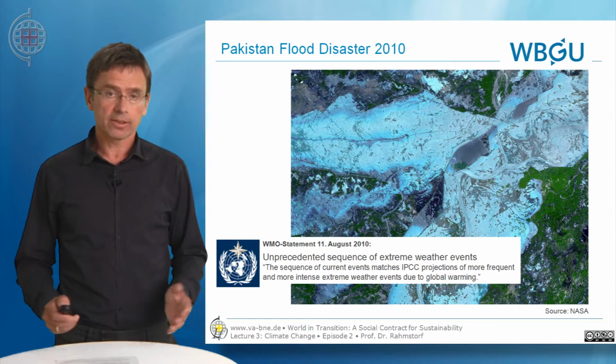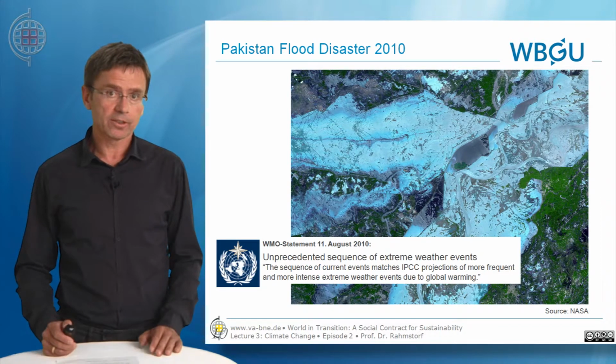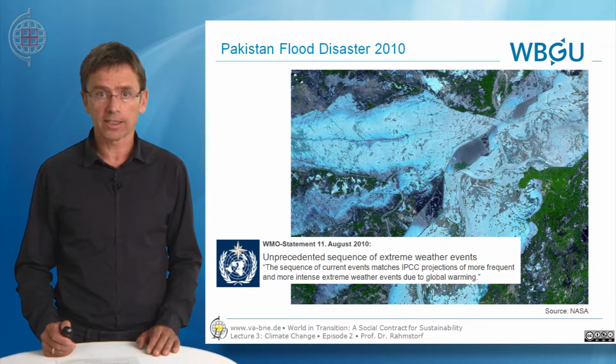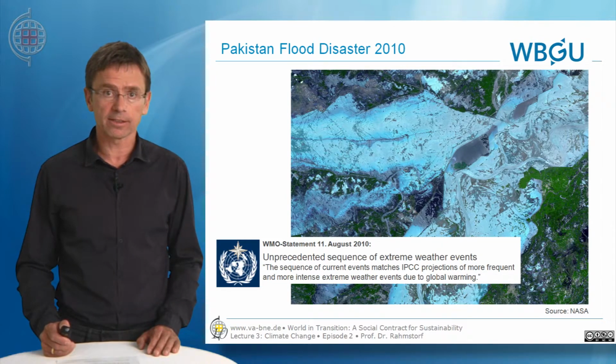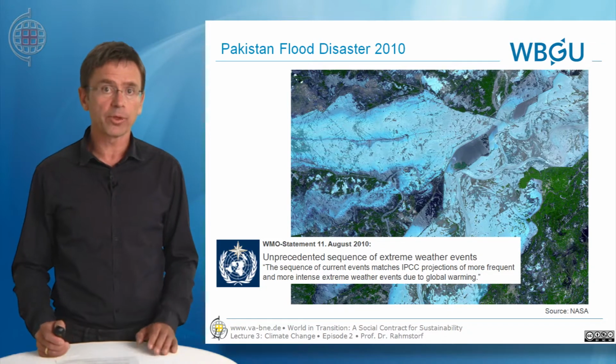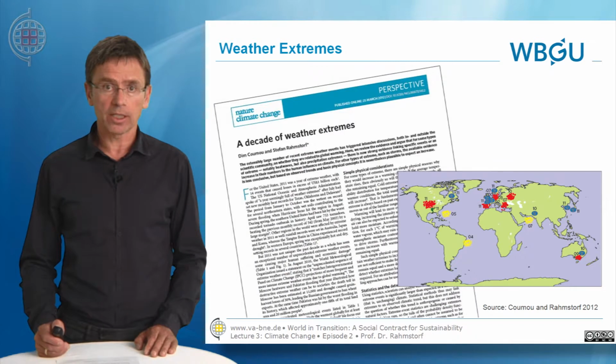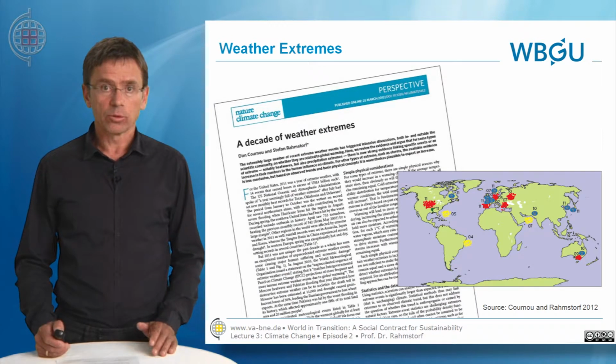And just yesterday, before I recorded this lecture, news came out, the analysis of the year 2011 by the National Oceanic and Atmospheric Administration of the United States, which found that 2011 will be remembered as a year of record-breaking extreme events as well.